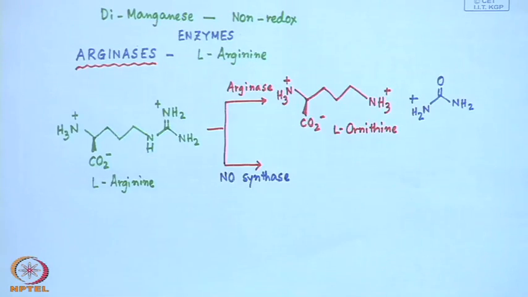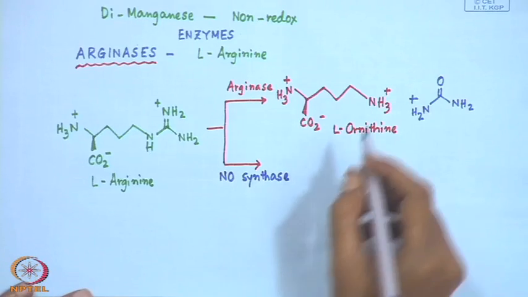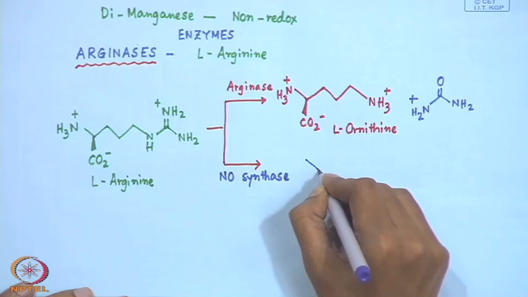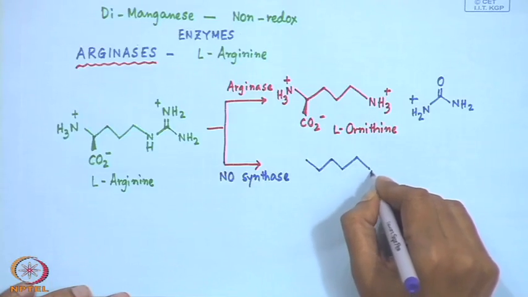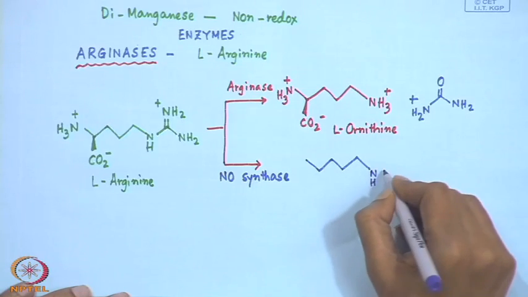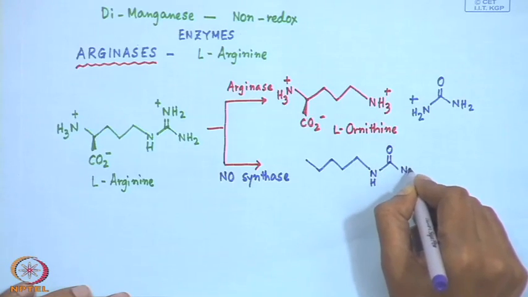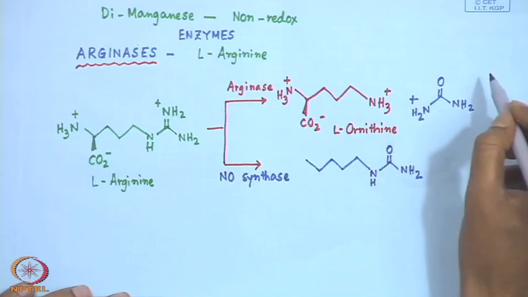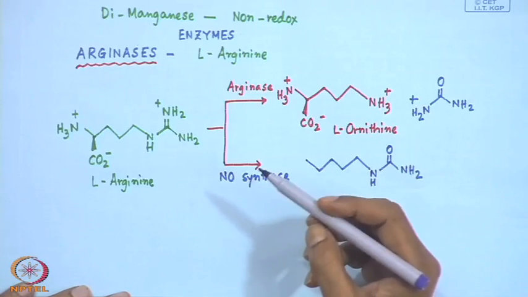So, if you look at the substrate, the same L-arginine, you have to take out NO from this molecule. So, NO from this molecule, when you take out, here we are getting this particular part as urea, but here this part still remains with the original molecule.